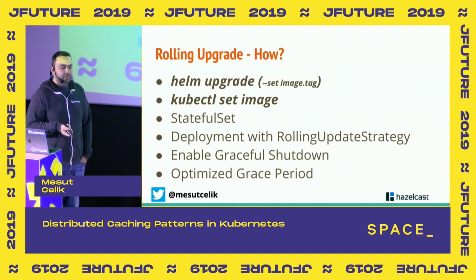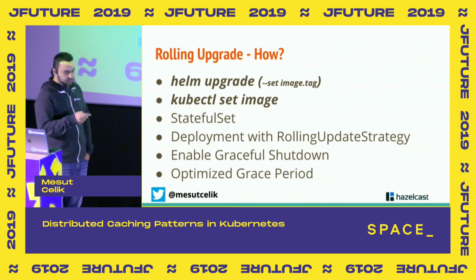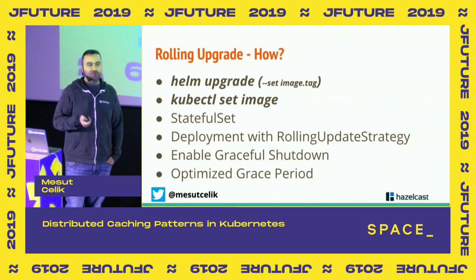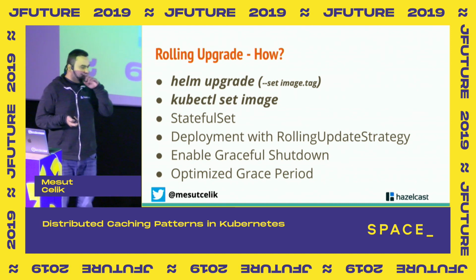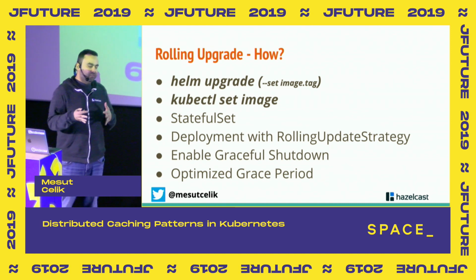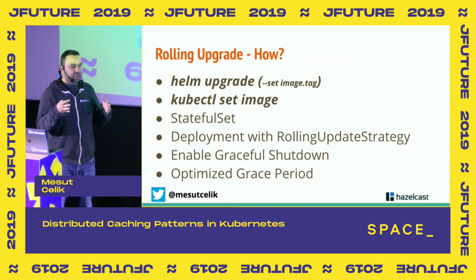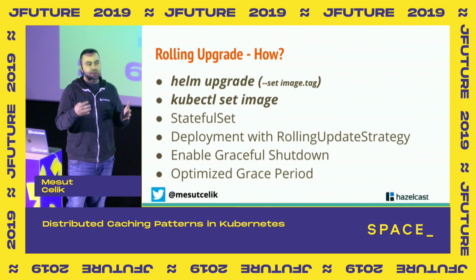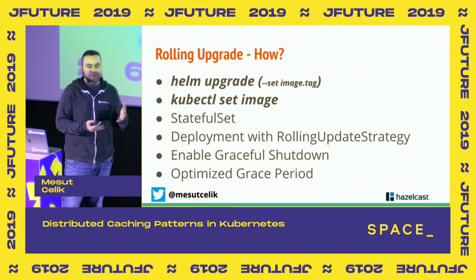There's one other interesting thing, the optimized grace period in Kubernetes. The grace period is 30 seconds by default. Even if you set graceful shutdown, if it takes more than 30 seconds, then Kubernetes will send a kill signal to the pod and it will directly kill the process.